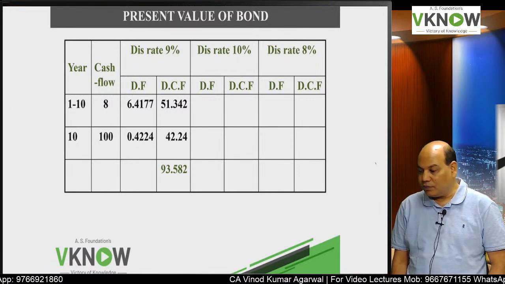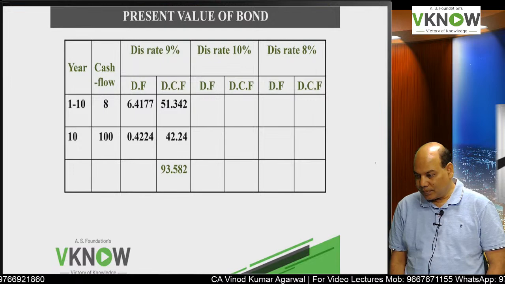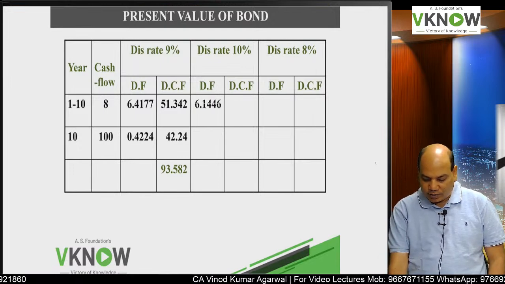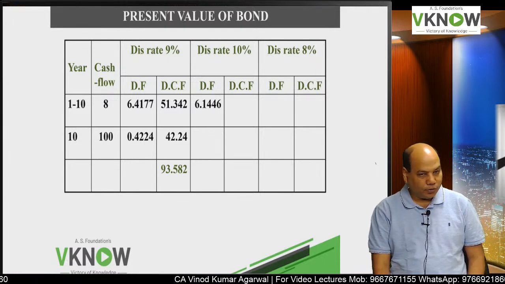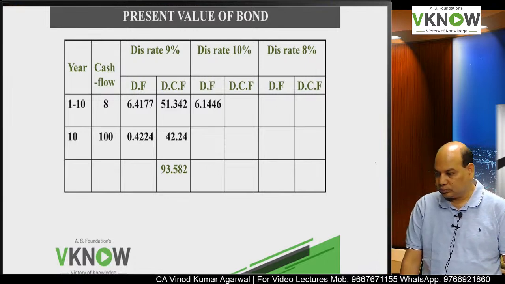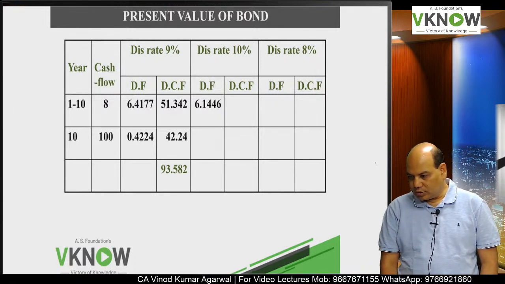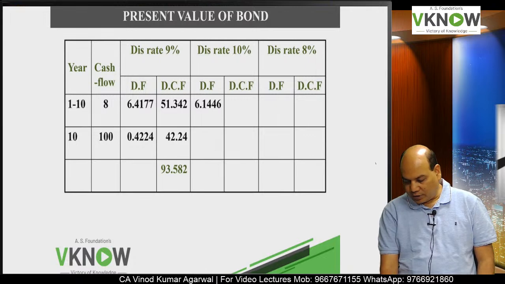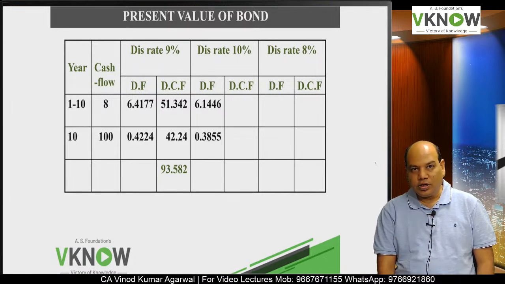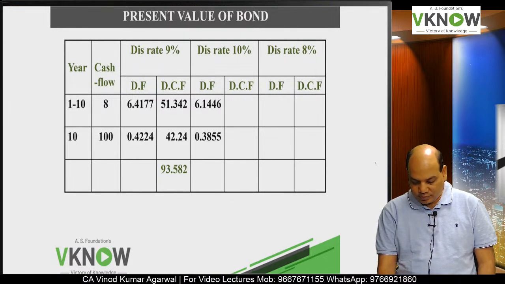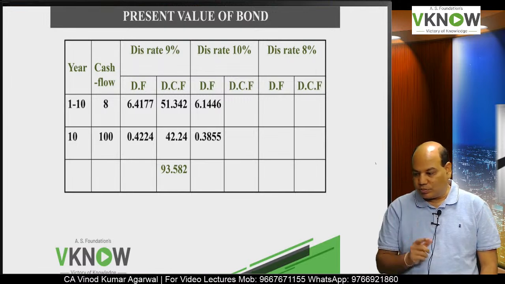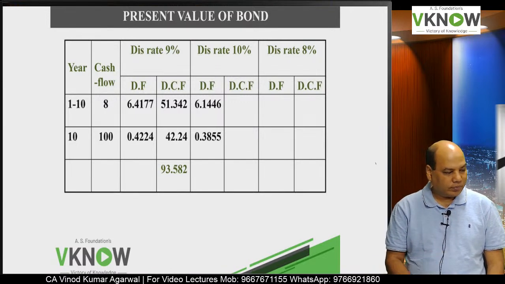Now try the same thing for 10%. 10% factor, 6.1446. Correct. 10th year factor, 0.3855. Multiply 8 into 6.1446.